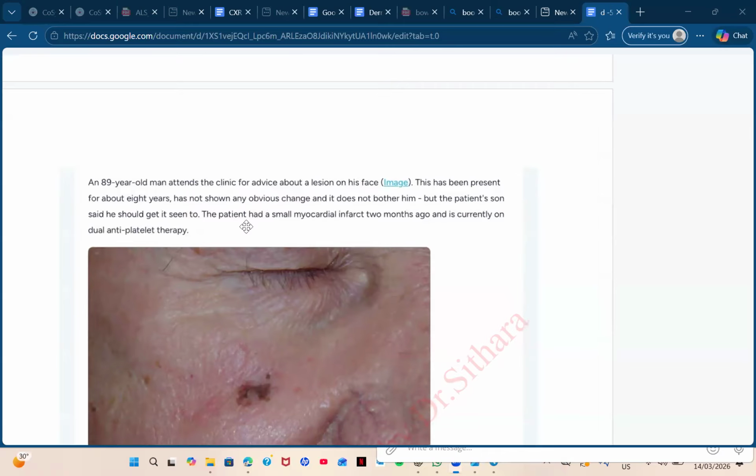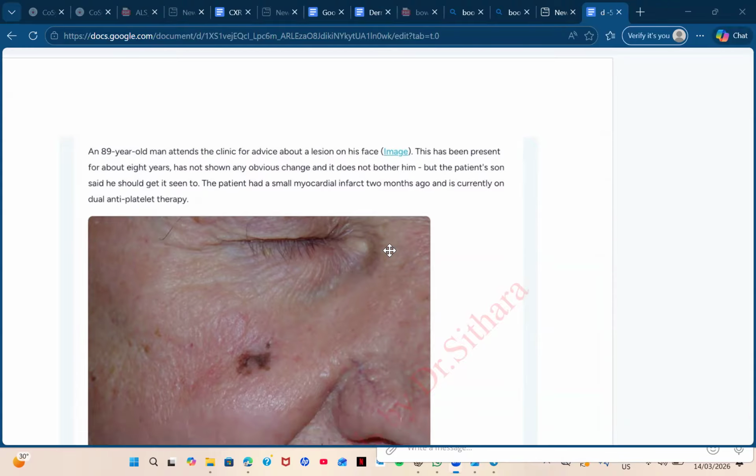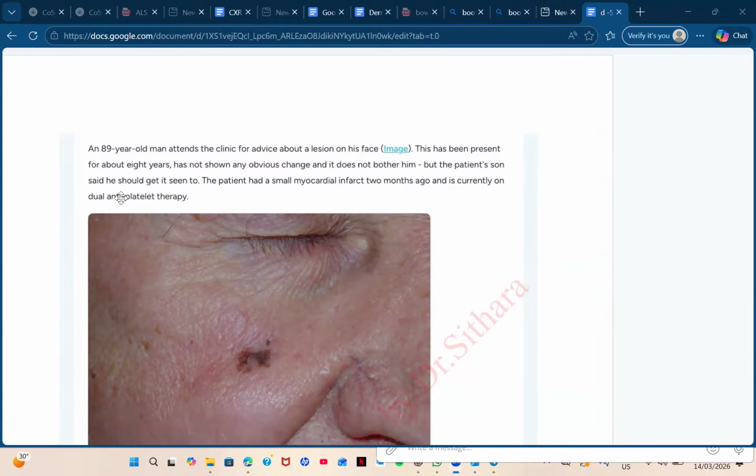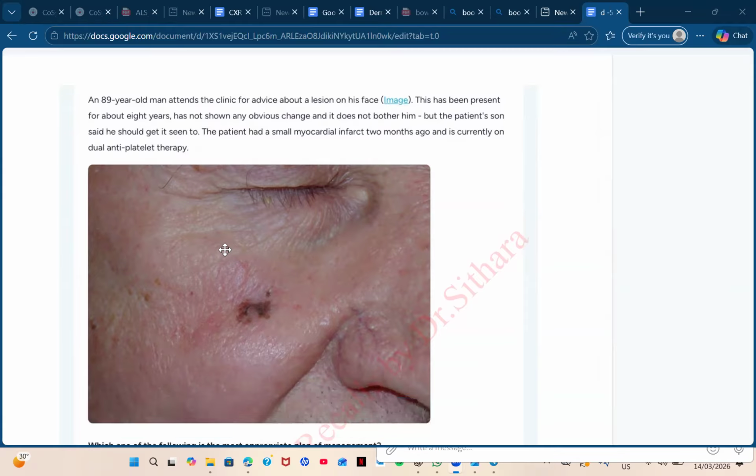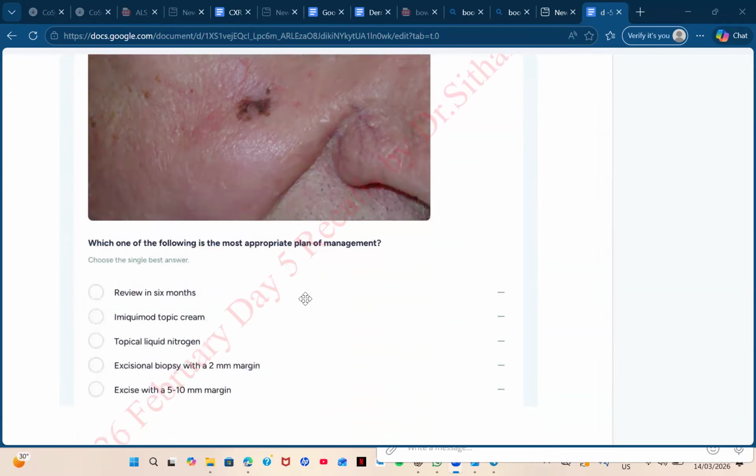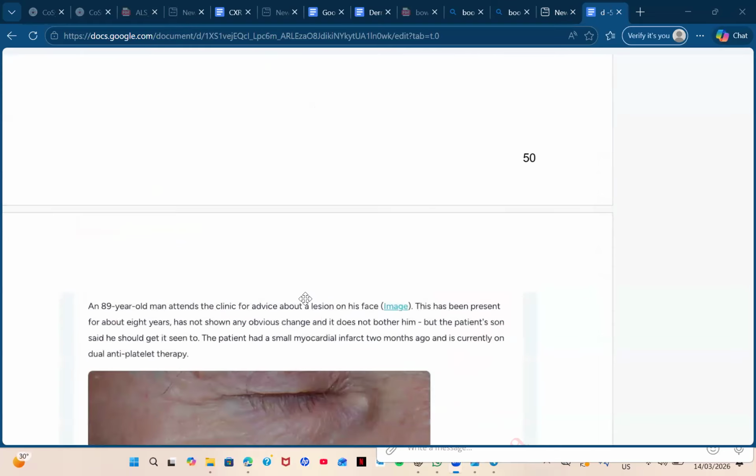This lesion stayed for 8 years with no obvious change and does not bother him. But only because of the patient's son, he wants to do the examination, right? So because of that, there's no need to do the excision. But I'll show another question.